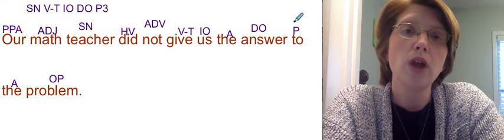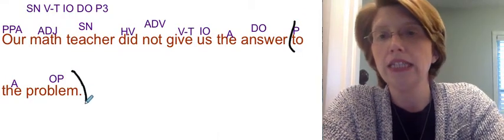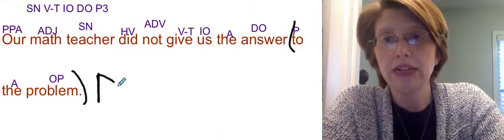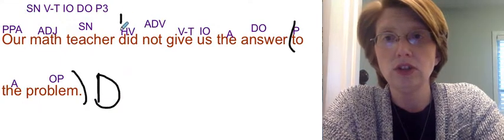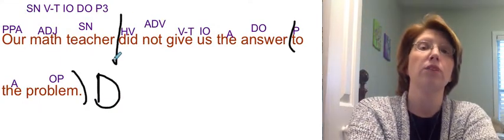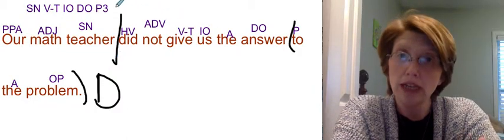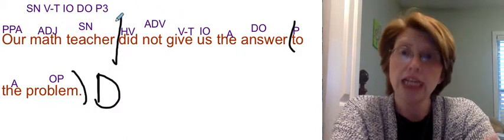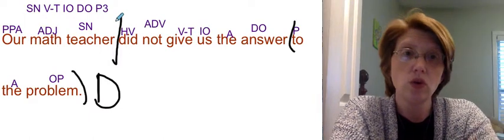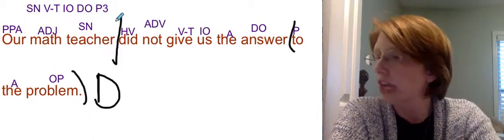To the problem, prepositional phrase. Period, statement, declarative sentence. Go back to the verb, separate the complete subject from the complete predicate. Is there an adverb exception? No, because the adverb is not in front of the line. Is this sentence in natural or inverted order? Natural, no change.